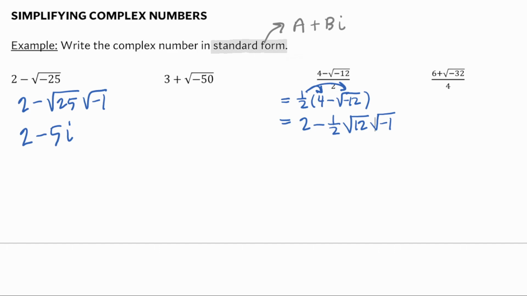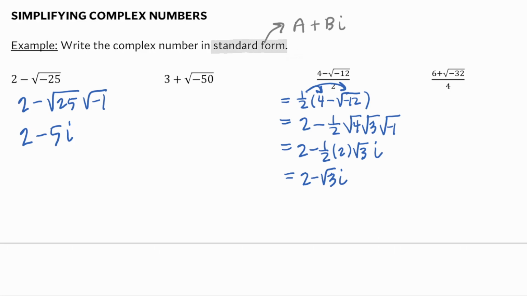So I can write 12 as 4 times 3, and say this is the square root of 4 times the square root of 3 times the square root of negative 1. So now I'm going to have 2 minus half of 2 square root 3 i. And then half of 2 is 1, so this is 2 minus the square root of 3 times i. That was a lot, but that was a good one.